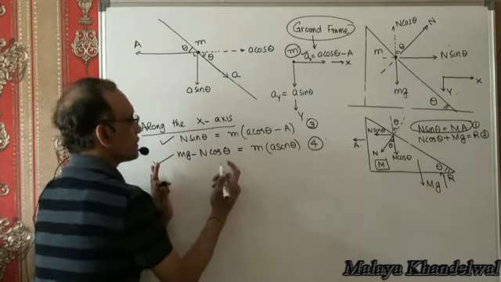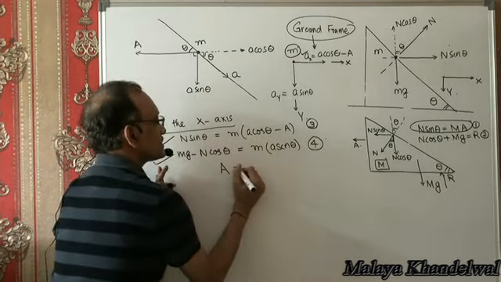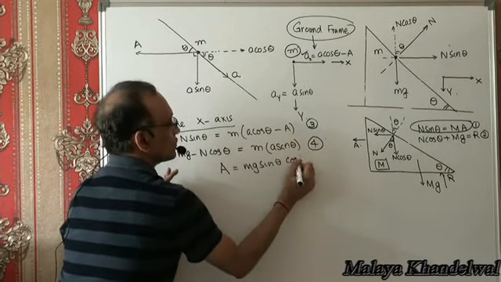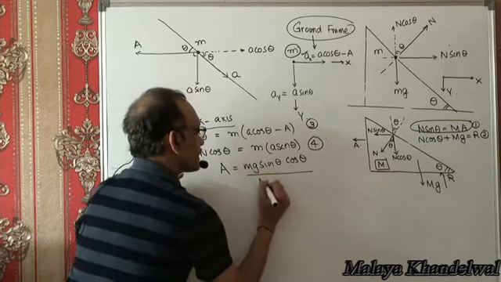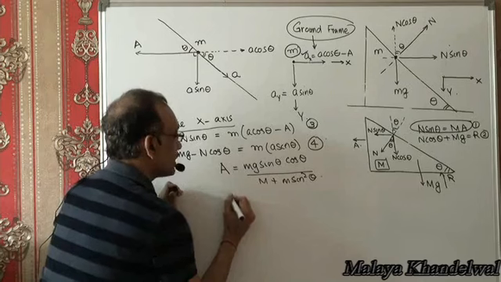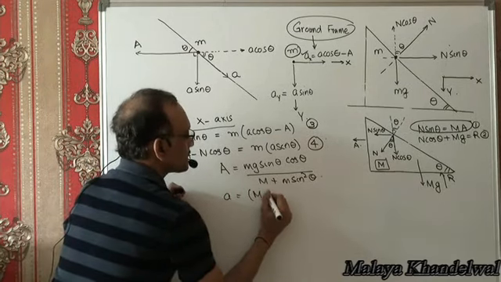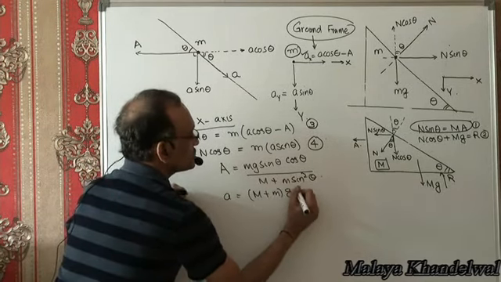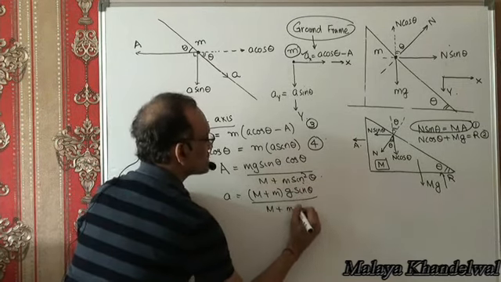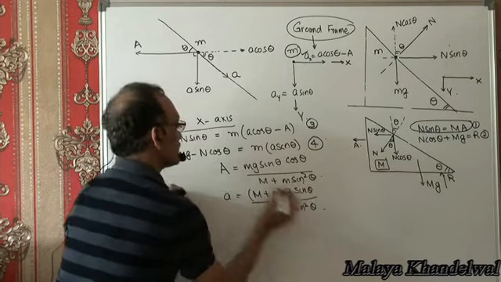I'm going to get capital A as mg sine theta cos theta divided by capital M plus small m sine square theta, not any different from before, and small a as capital M plus small m, g sine theta, divided by capital M plus small m sine square theta. This is what I'm going to get as capital A and small a.